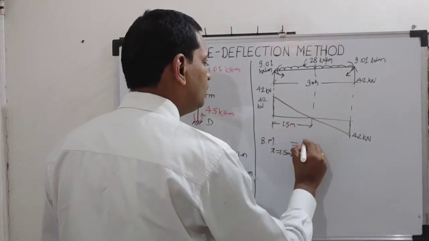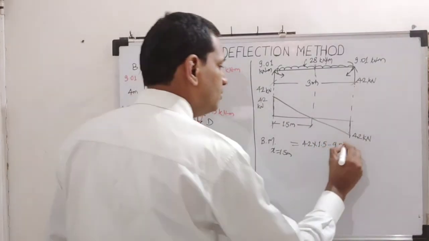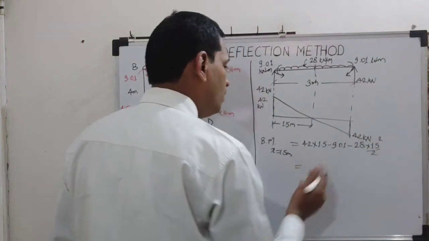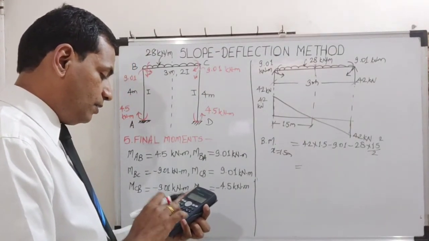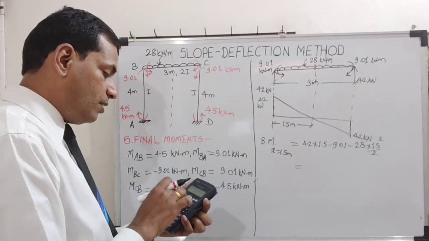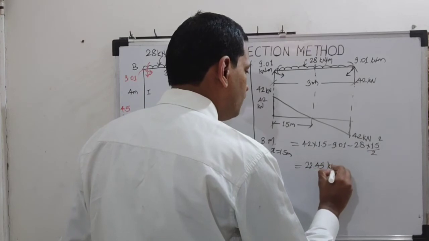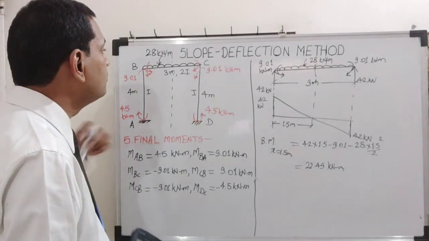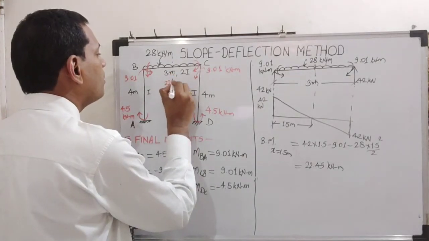So it is 42 into 1.5 minus 9.01 minus 28 into 1.5 square by 2. So let us calculate this value. Value is 22.49 kilonewton meter. I'll just note down here in red pen, 22.49 positive. Okay, so it will be here.